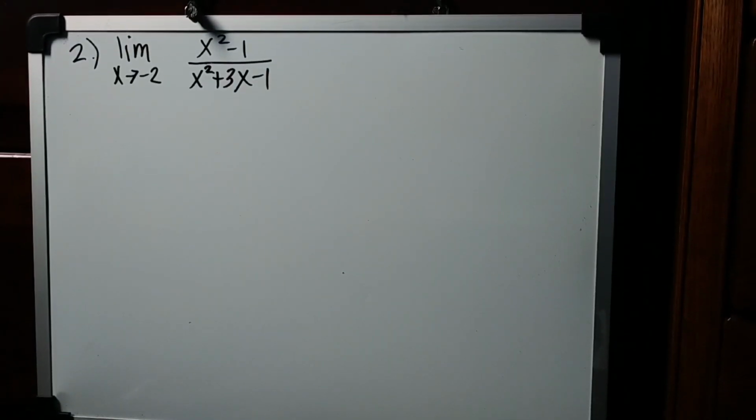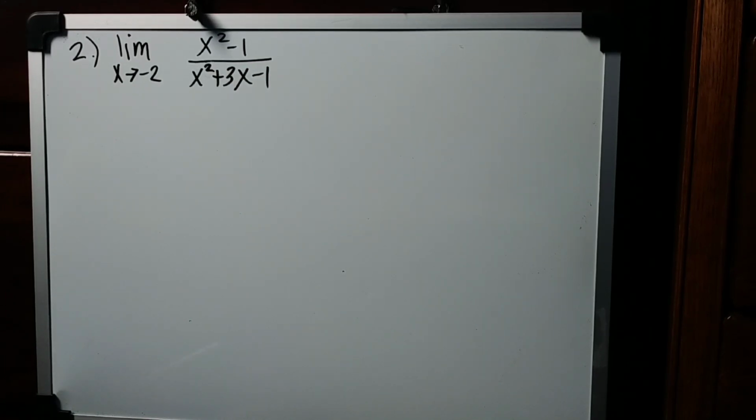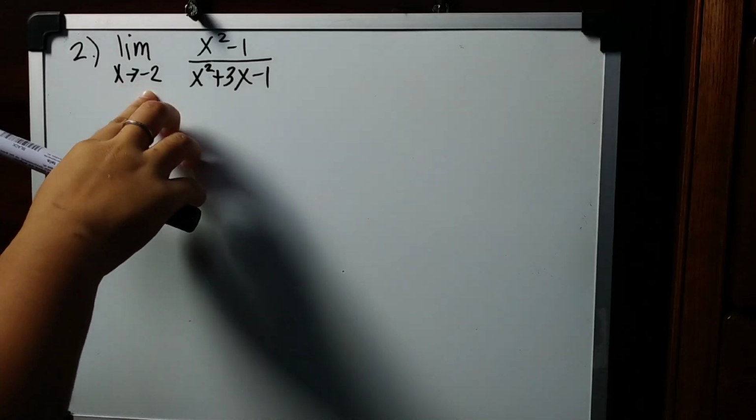So for example number 2, we have the limit of x squared minus 1 all over x squared plus 3x minus 1, where the limit approaches negative 2.